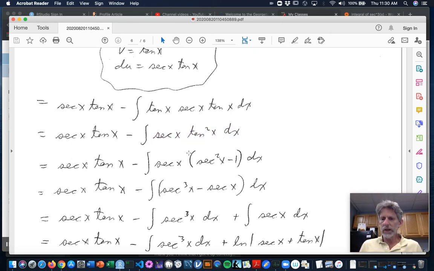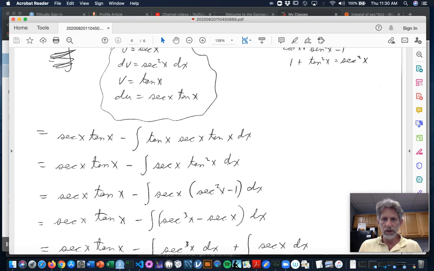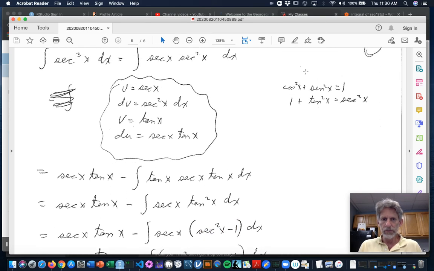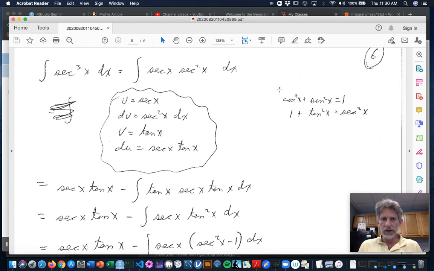So I'll tell you what, let me see if I can get powers of one thing. What if I just write tangent squared as secant squared minus 1, which I can totally do. Because think about cosine squared plus sine squared is 1.